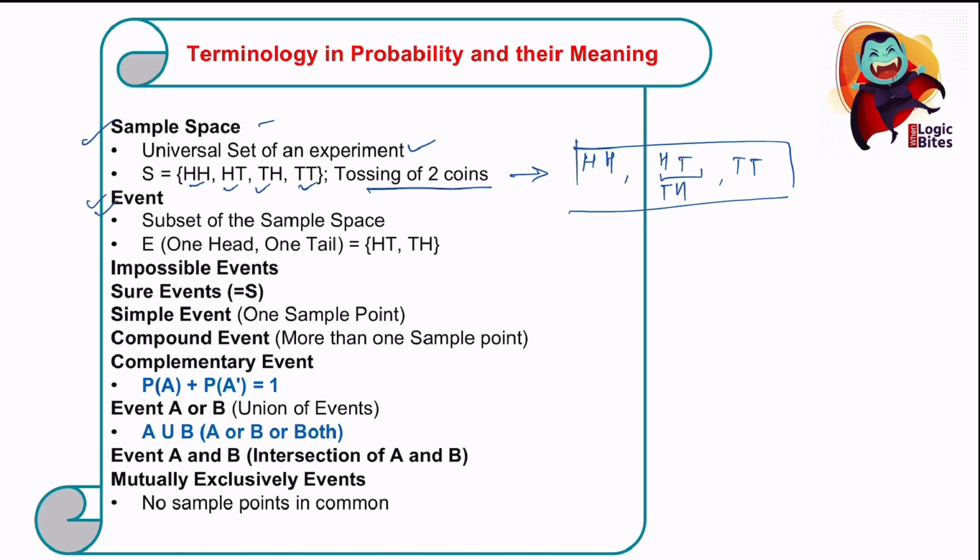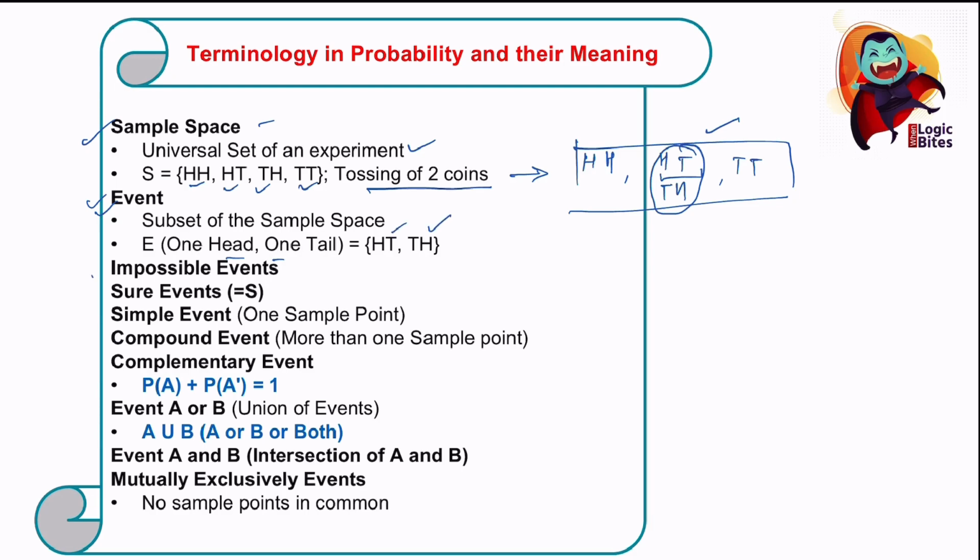An event is any particular subset of that sample space or universe. So if we want one head and one tail, our event will be denoted like head tail or tail head.